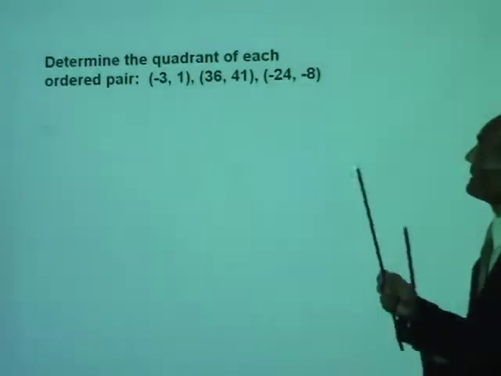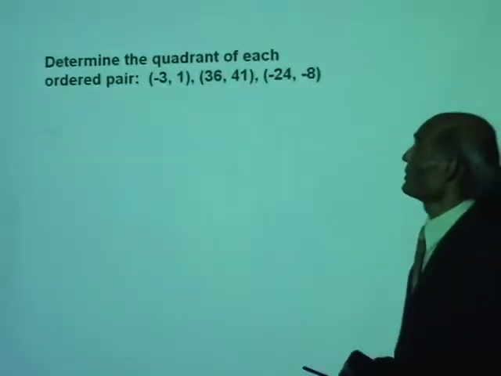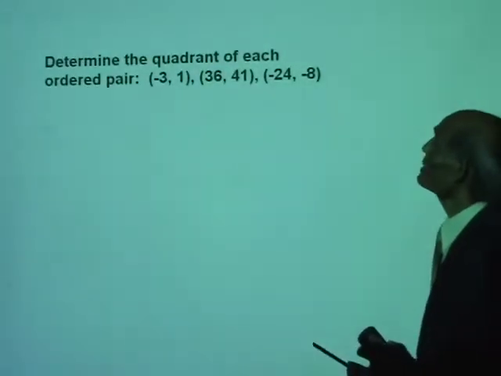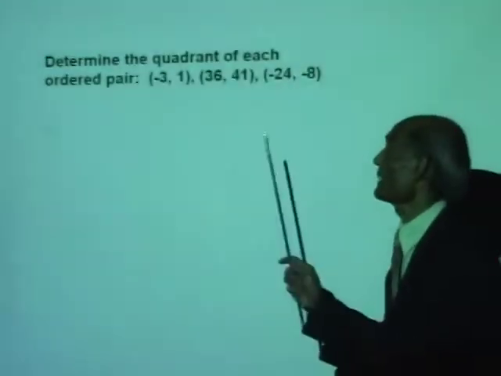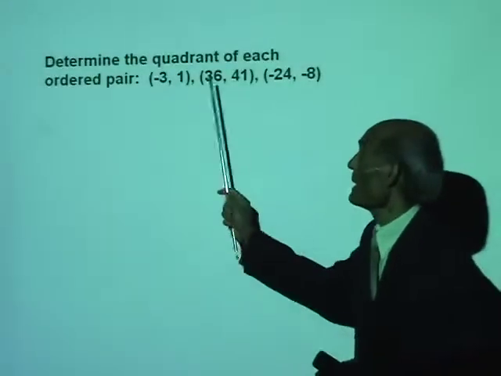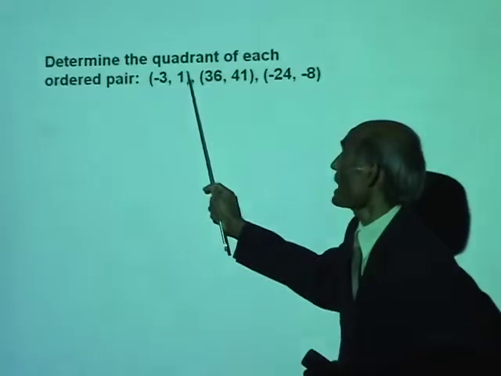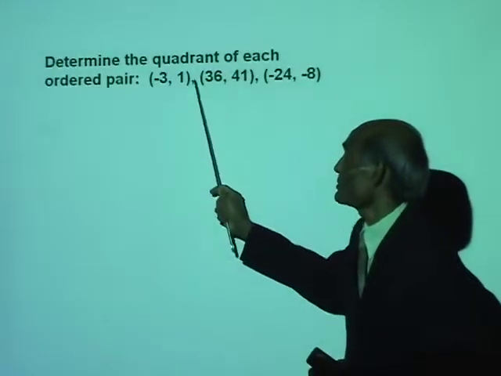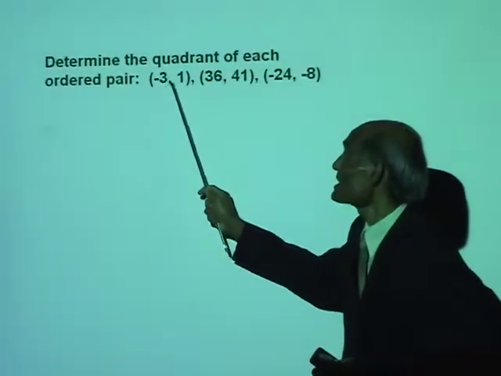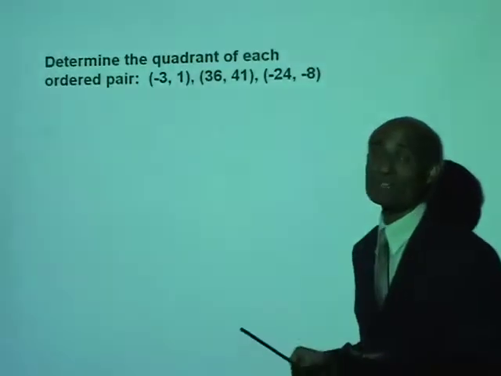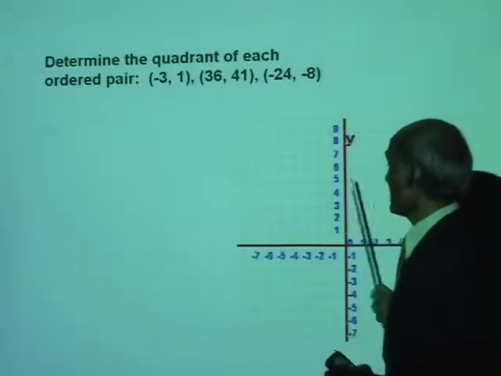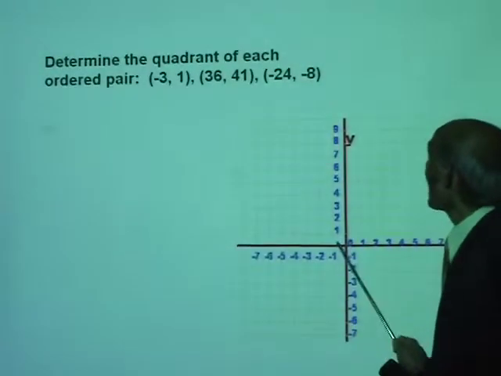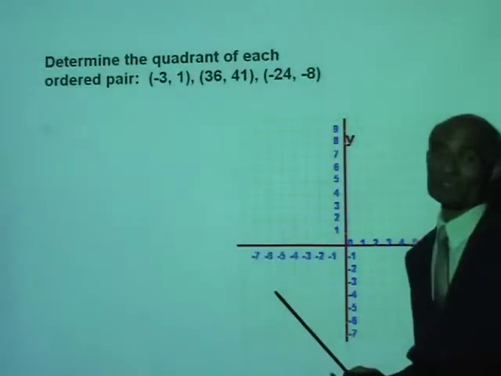Okay. Let's now do some of these points. Determine the quadrant of each ordered pair. Well, you can tell me. Negative 3, 1. Which quadrant does it belong to? Alright, X is negative, Y is positive.